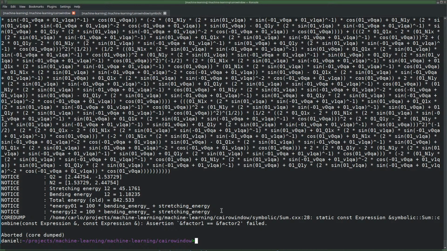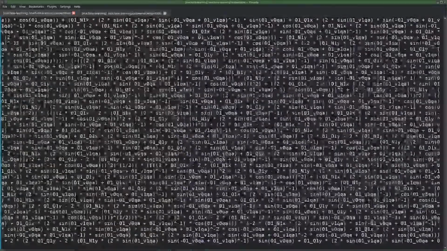Yeah, they loop like this. 100 times the bending energy plus the stretching energy. So you see that every variable is prefixed with 0, 1. That's good.